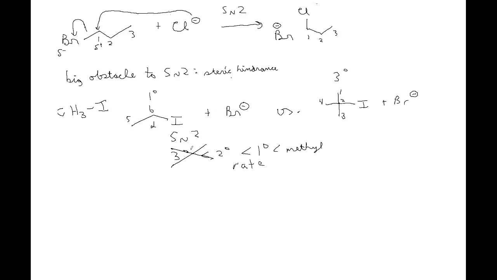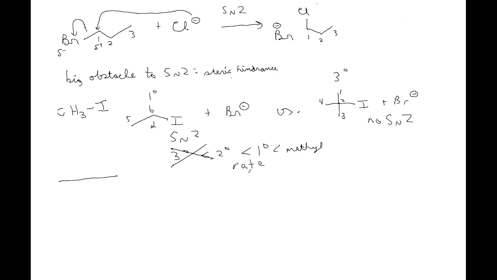If you have a tertiary, there won't be an SN2. So can this do an SN2? Yes. Can this molecule do an SN2 reaction? No. So there will either be no reaction or some different reaction that we'll have to get to later. But this definitely can't do an SN2 because it would be too slow, because there's too much steric hindrance. Okay, good.